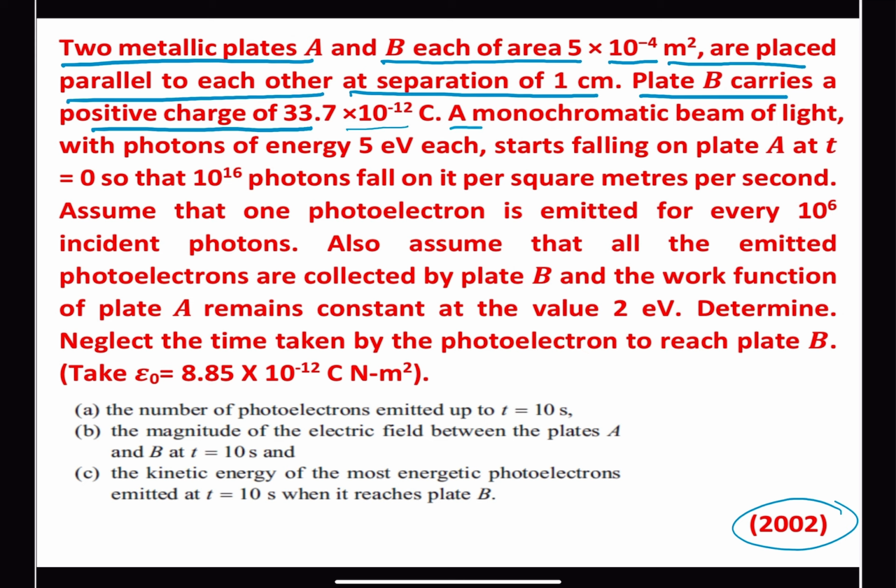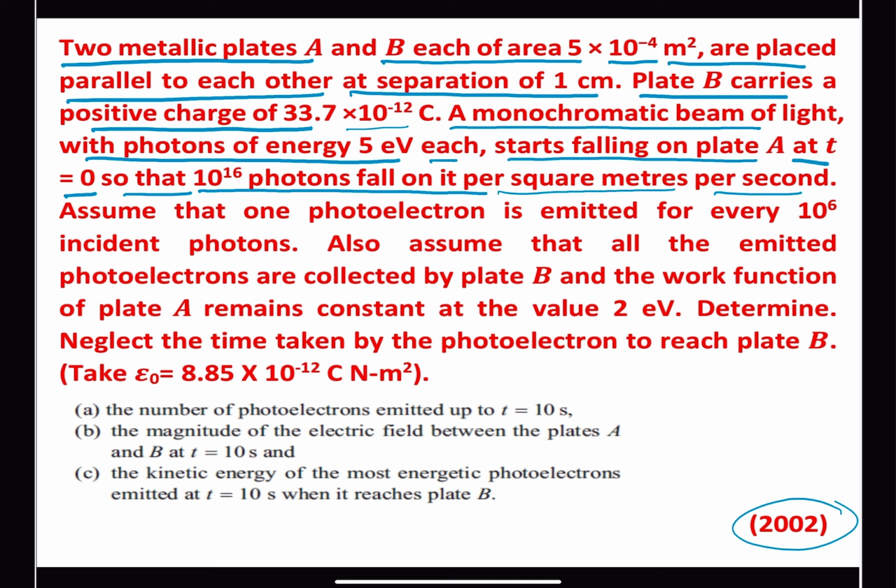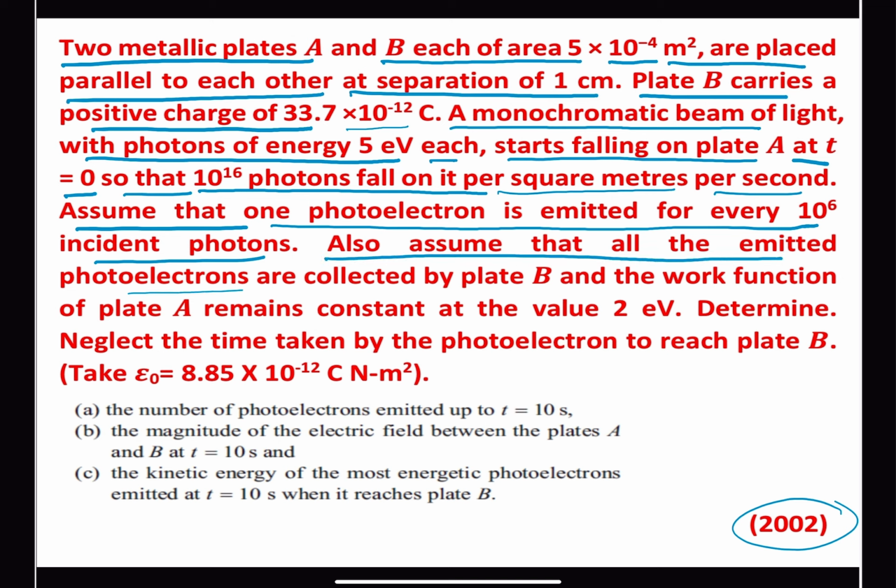A monochromatic beam of light with photons of energy 5 electron volt each starts falling on plate A at time t equal to 0, so that 10 to the power 16 photons fall on it per square meter per second. Assume that one photoelectron is emitted for every 10 to the power 6 incident photons. Also assume that all the emitted photoelectrons are collected by plate B, and the work function of plate A remains constant at a value of 2 electron volt.